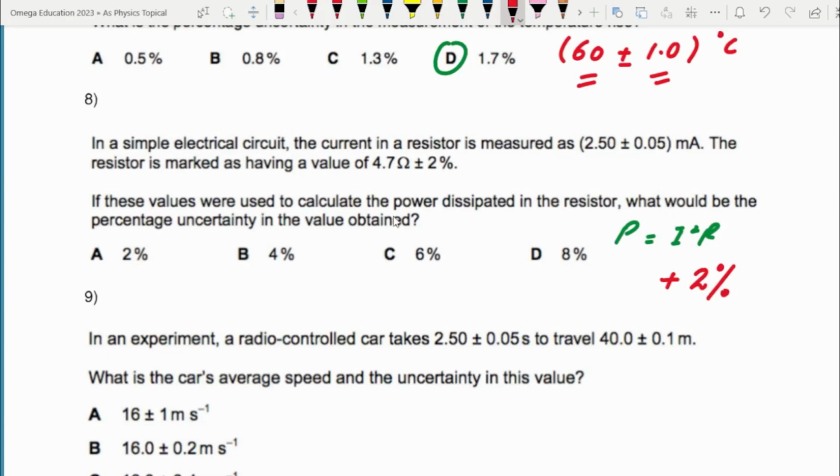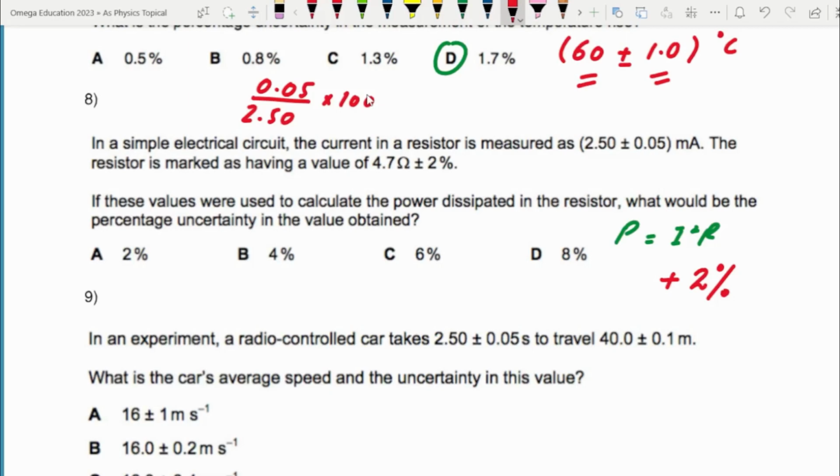So we can find the percentage uncertainty first from there. So 0.05 divided by principal value 2.50 times 100. Now let's try it on the calculator. 0.05 divided by 2.50 times 100.